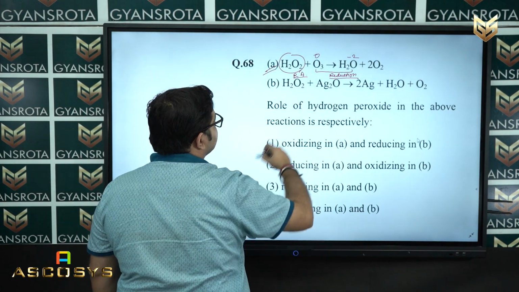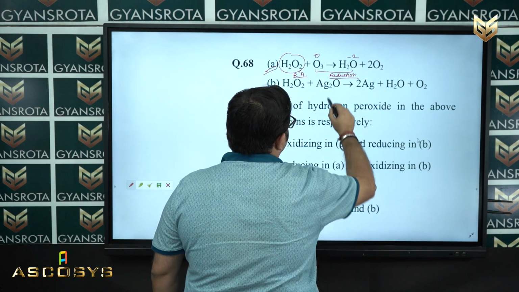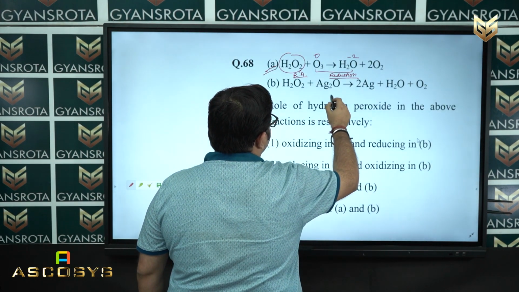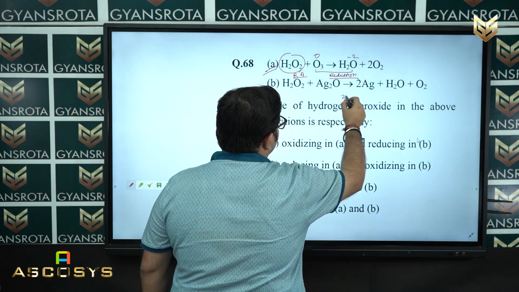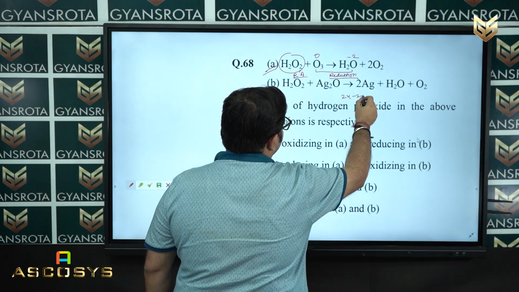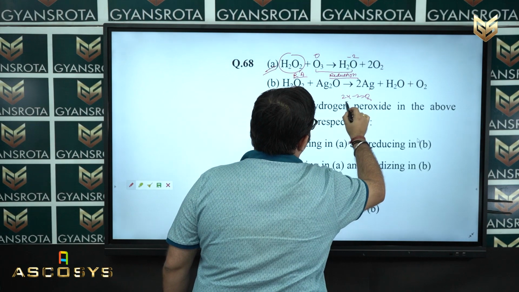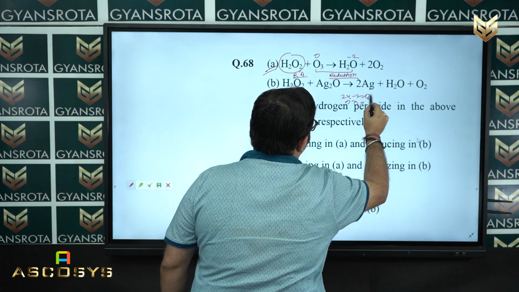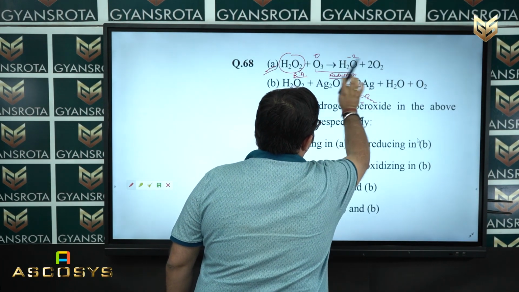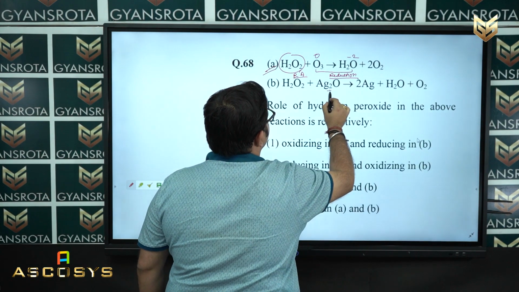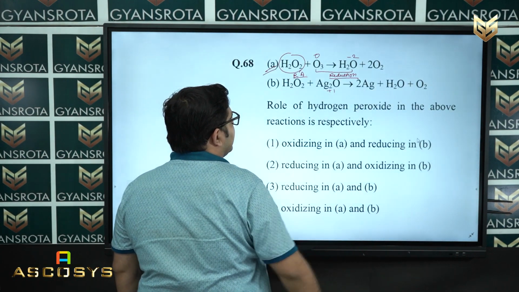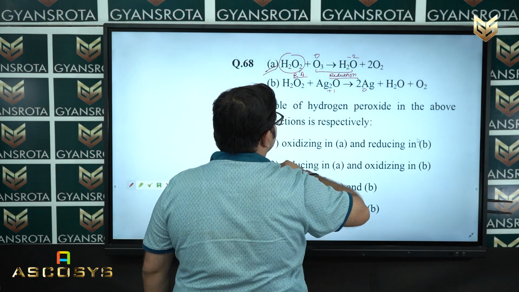Now, come to this part. Here it will be 2x minus 2 is equal to 0. So, here it will be x on this side and 2 plus 1. So, here it will be plus 1 and here it will be 0.